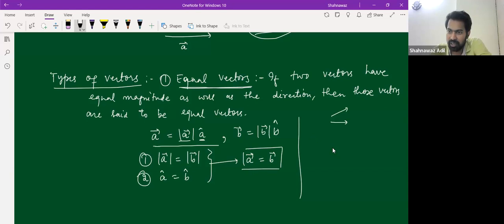And let's say this is A and this is B. By looking at these figures, is this A vector equal to this B vector?